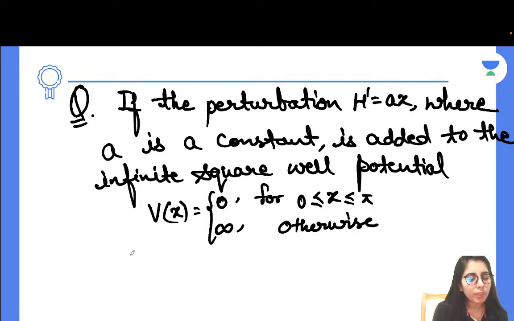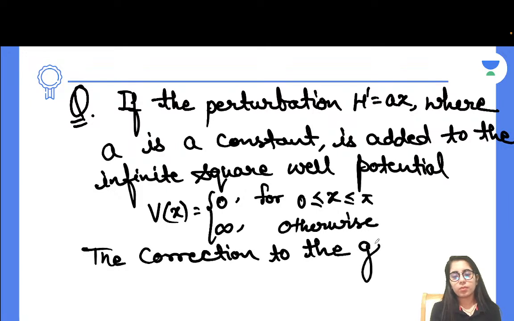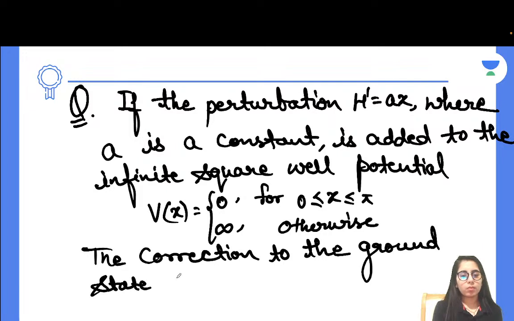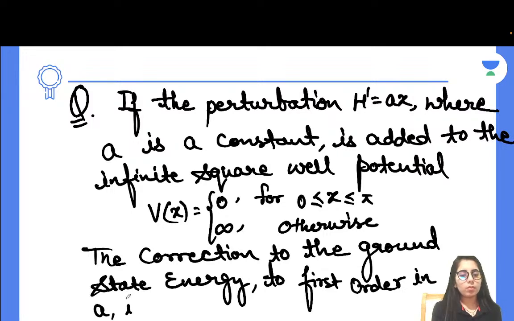The correction to the ground state energy to first order in A is... The options are, I'm going to write them here so that everything will be on one single slide.